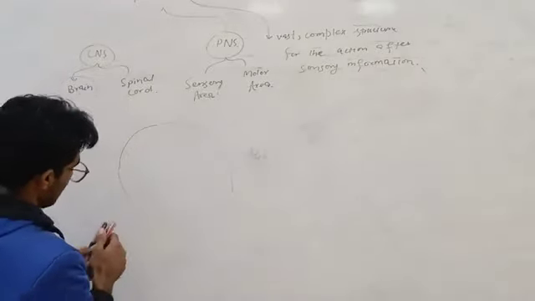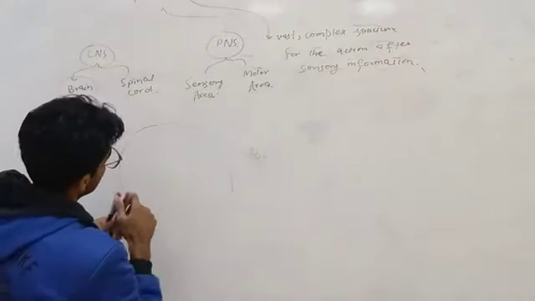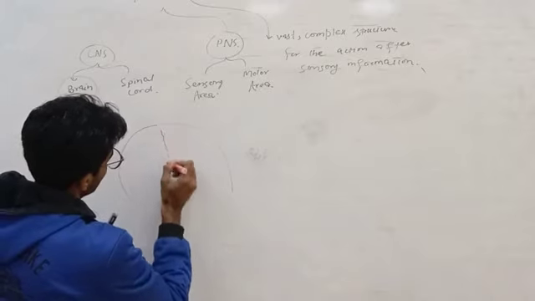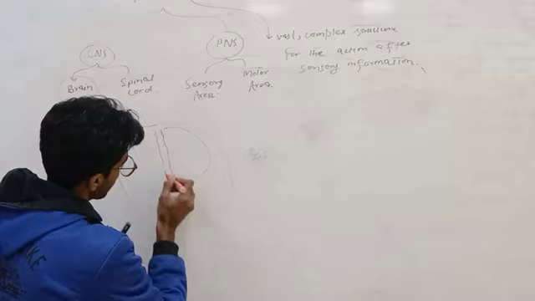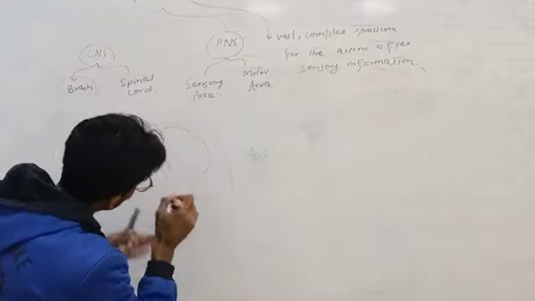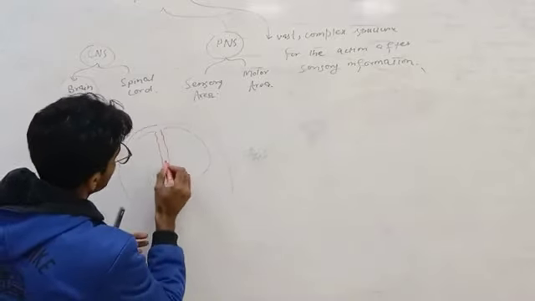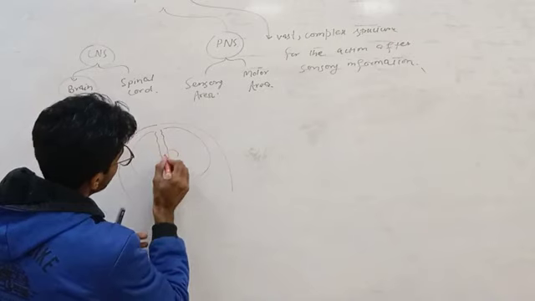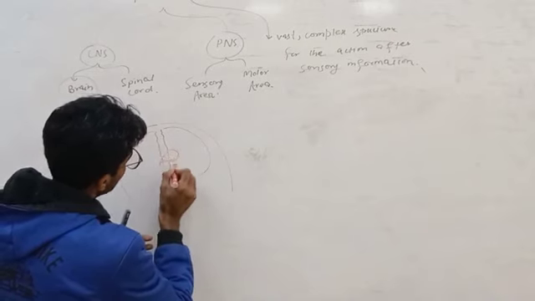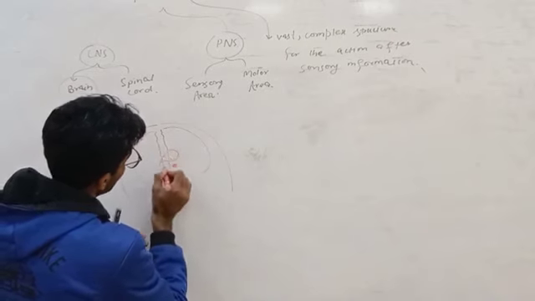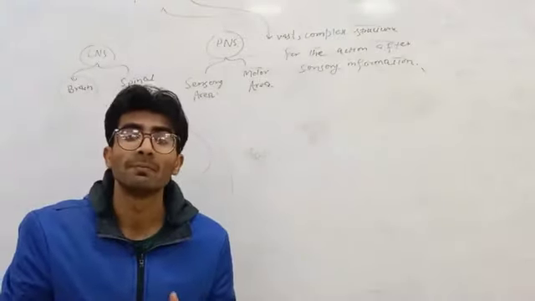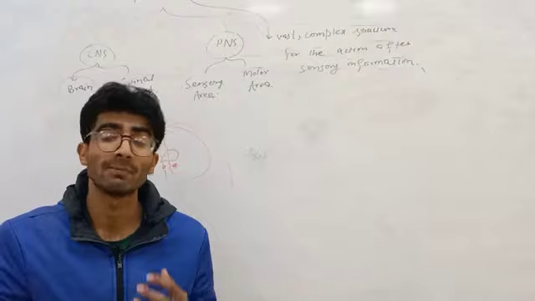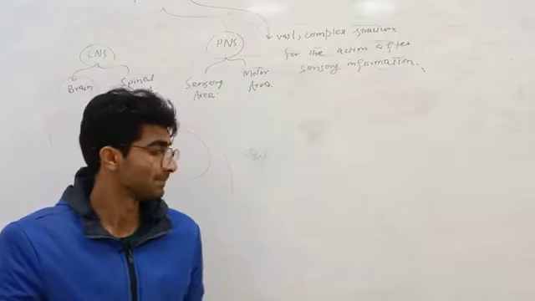This little brain has two hemispheres. Within these two hemispheres, we have the basal ganglia, hypothalamus, limbic system, pituitary gland, and the cerebellum region in the brain.